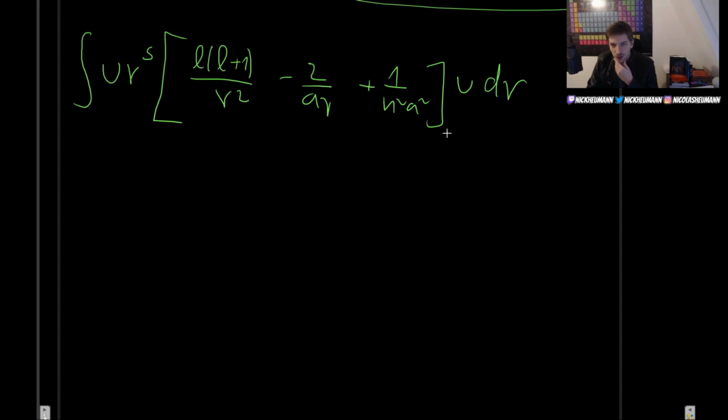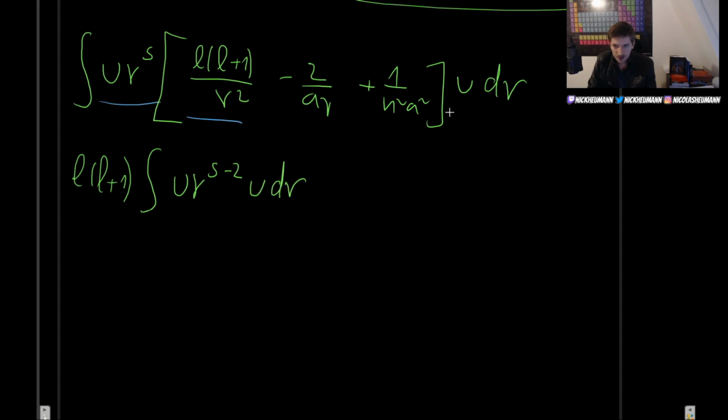So we will get 3 integrals. The first one is going to be, well, maybe we can pull out the constant outside. So l plus 1, and then we get the integral of u r to the s minus 2 u dr, right? That's this first part.